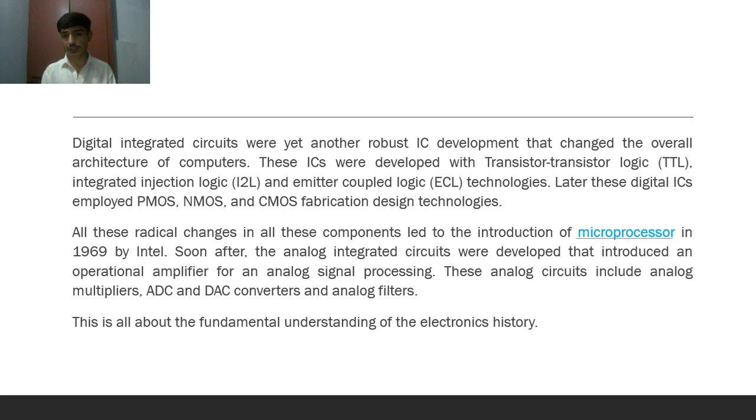These analog circuits include analog multipliers, ADCs and DACs converters, and analog filters. This is all about the fundamental understanding of electronics history.